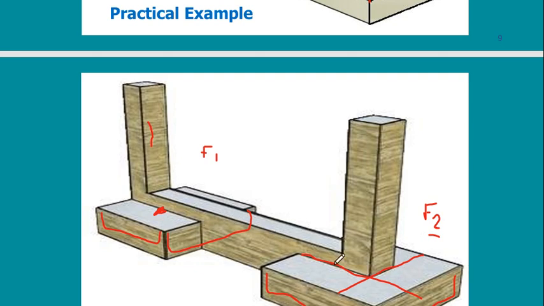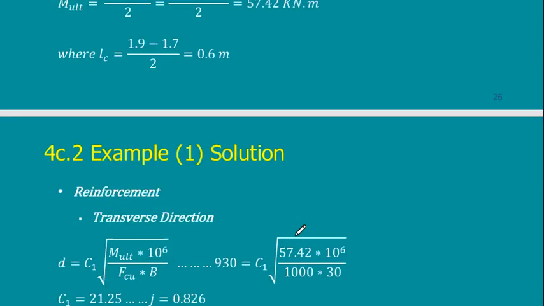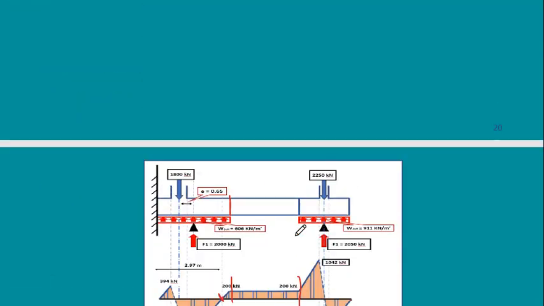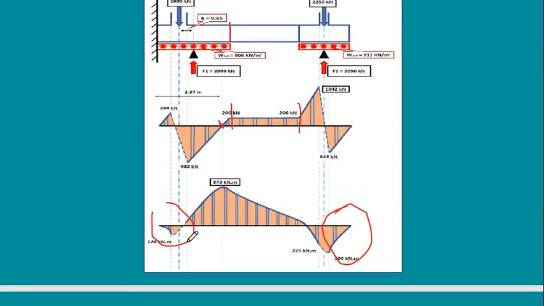Now I need to design the strap beam. As I said before, the strap beam was subjected to three moments. This is the first moment, this is the second moment, this is the bottom reinforcement. If I want to put reinforcement here, imagine that I have here a strap beam from this point to this point.